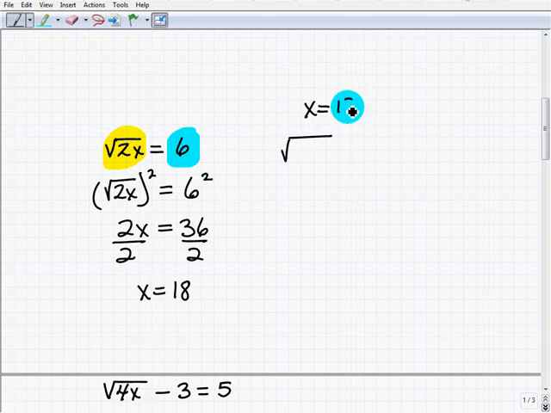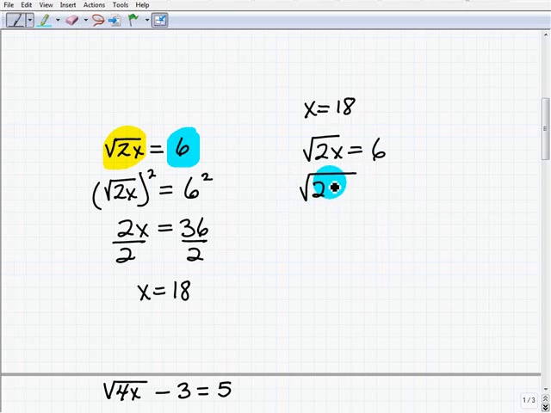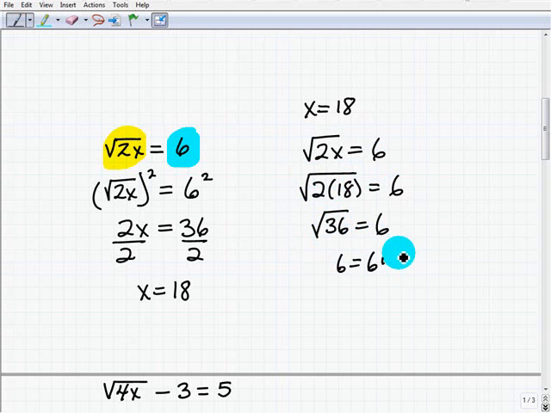Let's write out the original equation, 2x equals 6, or we believe that x is equal to 18, so it's going to be 2 times 18, does that equal 6? We know that 2 times 18 is 36, and it checks out, 6 equals 6.